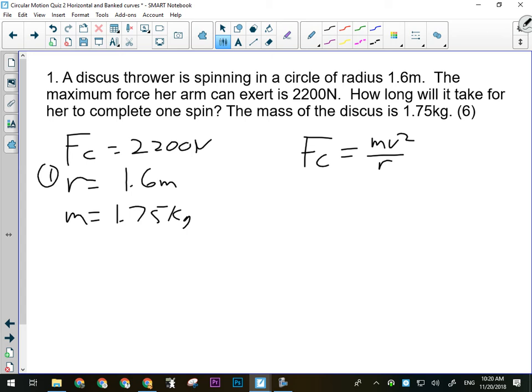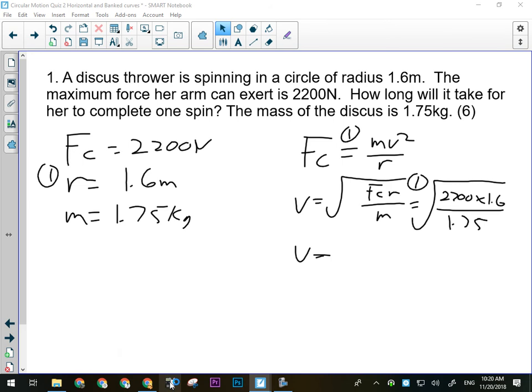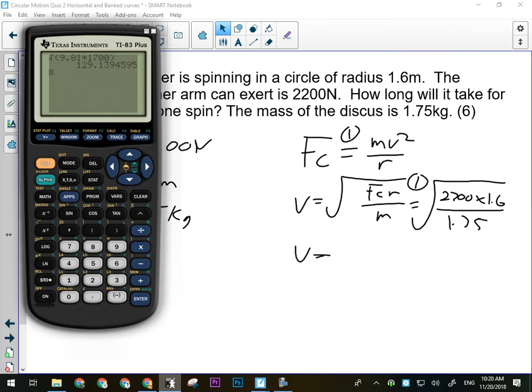All right, so we're going to manipulate for v. First off, give them a mark for that formula. Manipulated for v, we're looking at the square root of Fc times r divided by m, which will be the square root of 2,200 newtons times 1.6 meters divided by 1.75 kilograms. So give them a mark for that. And we're going to get the speed here.